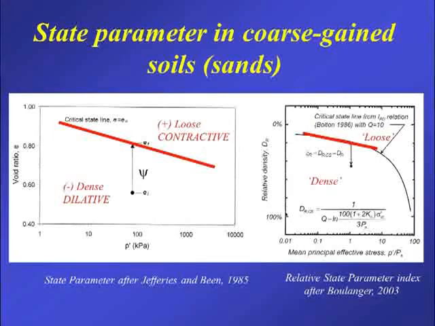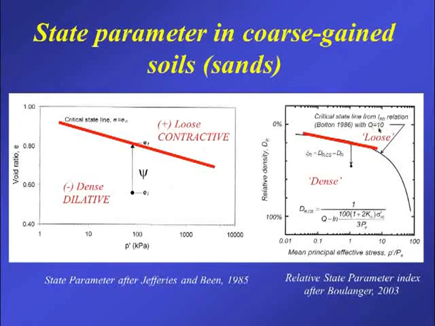And so Professor Bolton suggested a modification that talked about this relative state parameter, where instead of difference in void ratio, it's a difference in relative density, the relative density that it is in the ground in reference to its relative density at critical state. It's a slight modification. And by combining it with all of Bolton's work on sands, he was able to define a generic critical state line for sands.